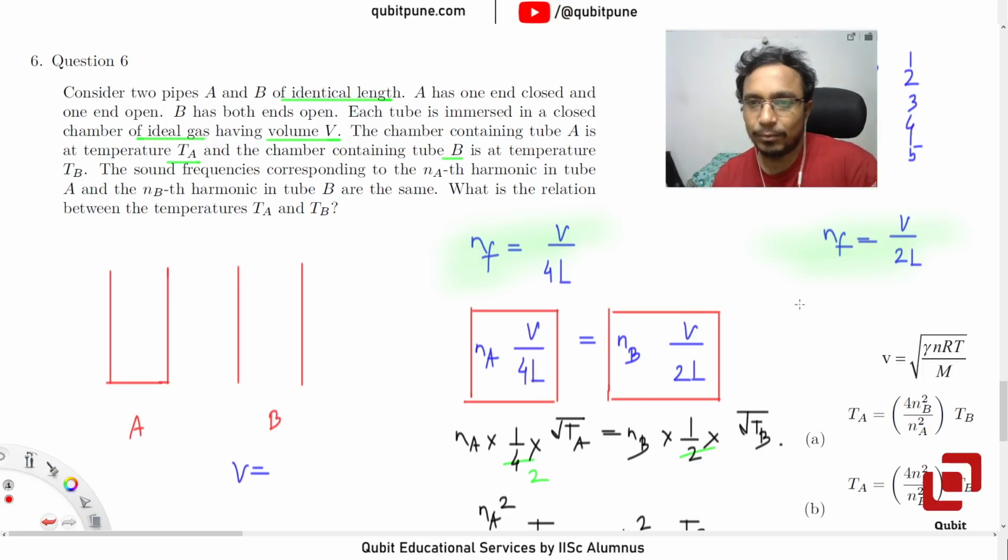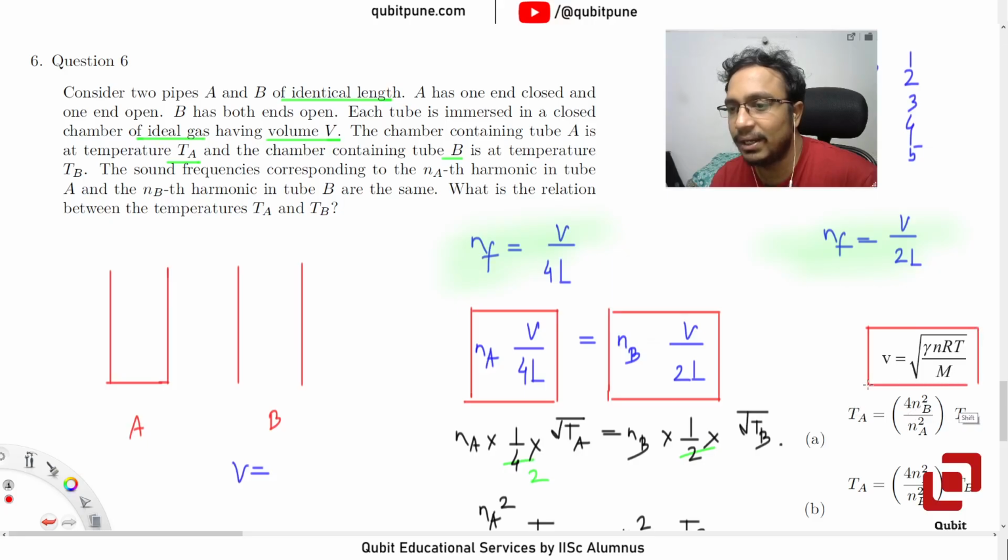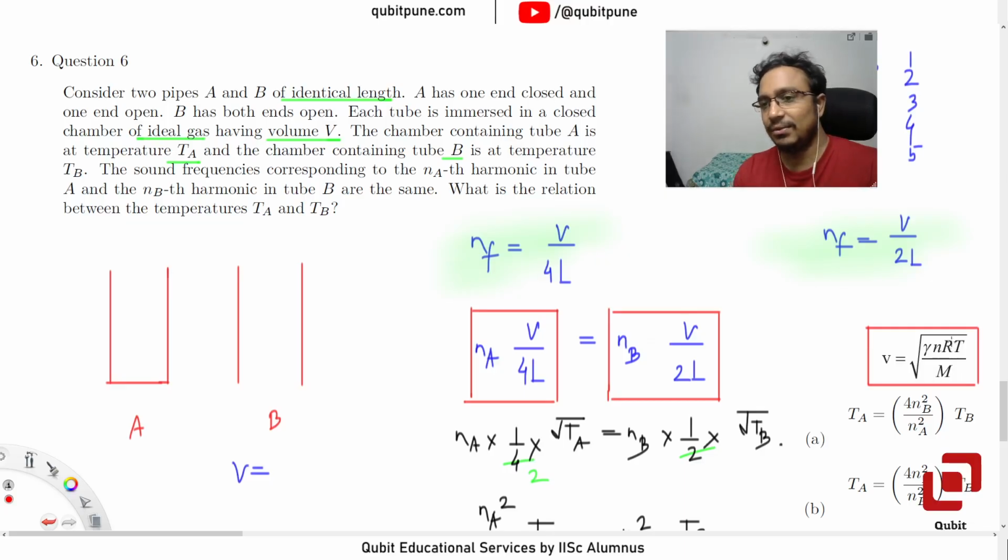So I had to borrow this relation from our textbook: v is root gamma nRT by M. M is the molecular weight of the gas. Gamma is its adiabatic coefficient. n, the number of moles, doesn't really matter. R is the gas constant, immaterial in this case. So v varies with root of T.